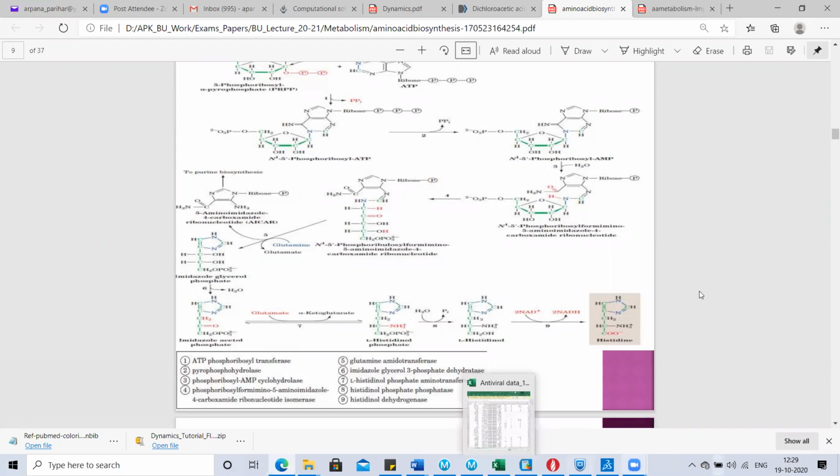Okay, this phosphoribosyl AMP interacts with another molecule and gets converted into an open chain compound, 5-phosphoribosyl 4-amino 5-amino imidazole carboxamide ribonucleotide, which reacts with glutamine, and here glutamine supplies the amino group, and here the 5-amino imidazole 5-carboxamide nucleotide gets removed, and the leftover is imidazole glycerol phosphate.